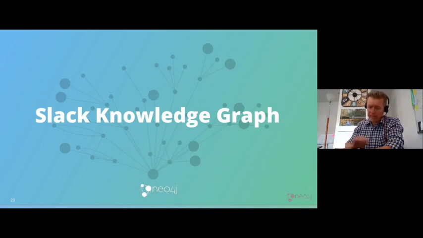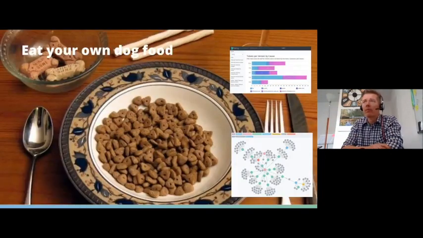So let's get into the Slack knowledge graph after this introduction. As I said, it's a dog food project. We've got quite a couple of dog food projects in the company. We're doing analysis of our own Zendesk issue reporting. You've got a screenshot at the top for that one. We use this for account mapping and understand who are the various people that are on Neo4j accounts and opportunities.